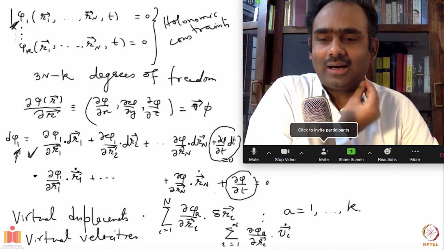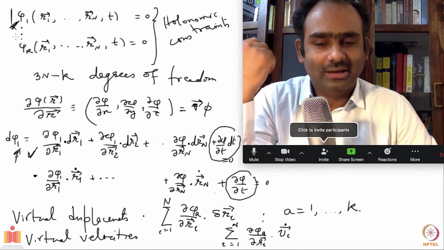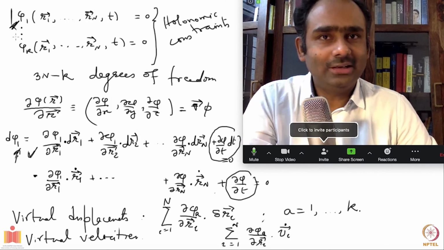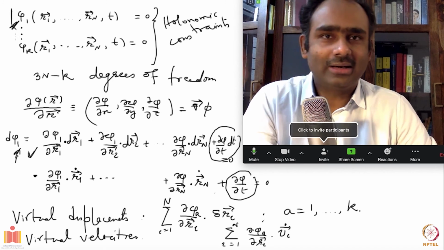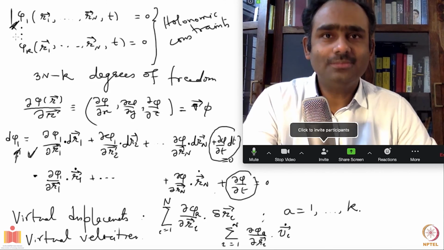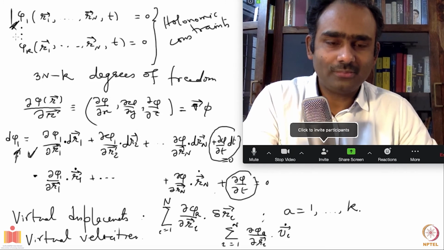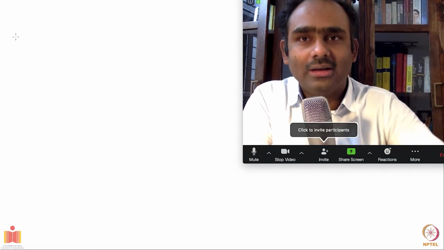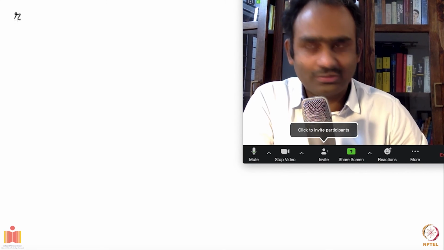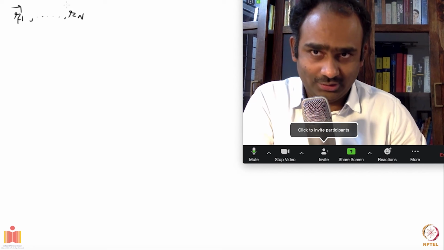Now, why are we so much interested in holonomic constraints? The reason is simple. If I am given holonomic constraints, then I can eliminate the dependent ones and specify my system only using coordinates which are independent of each other. Which means, if I am given holonomic constraints, then I will move from r1 to rn. I will not use them.